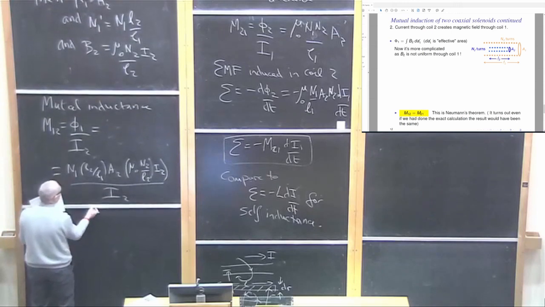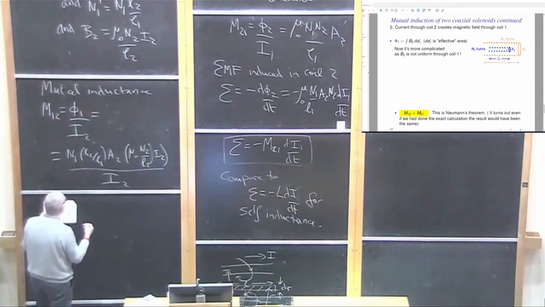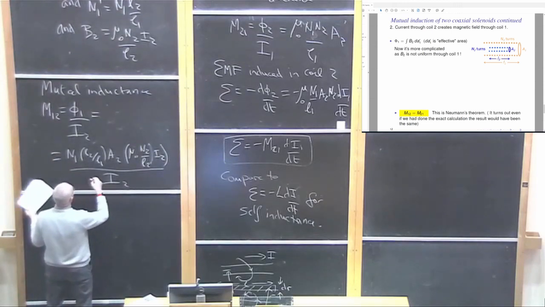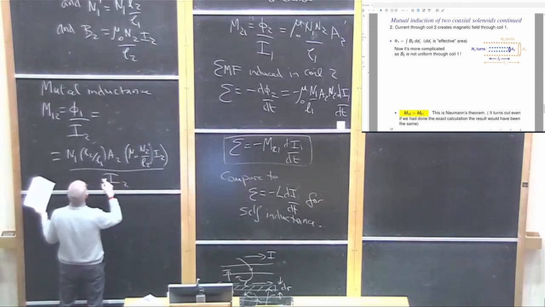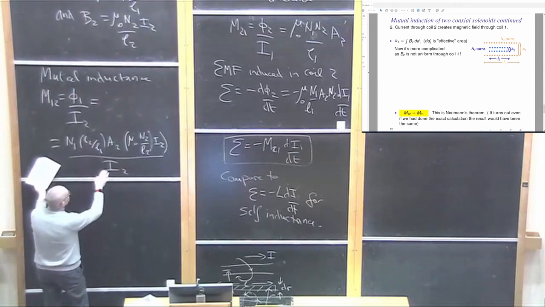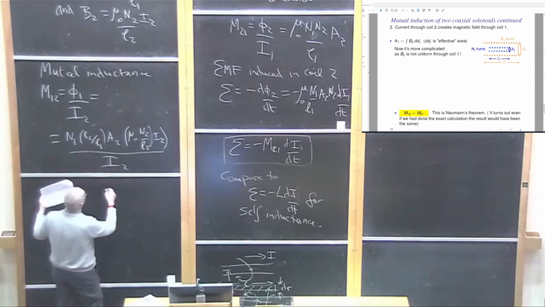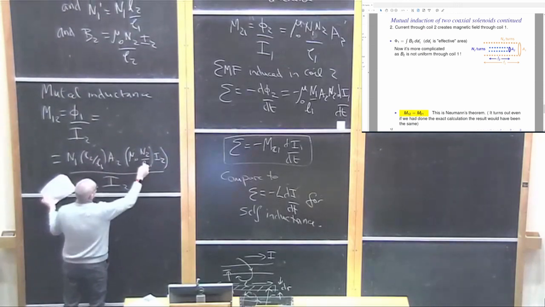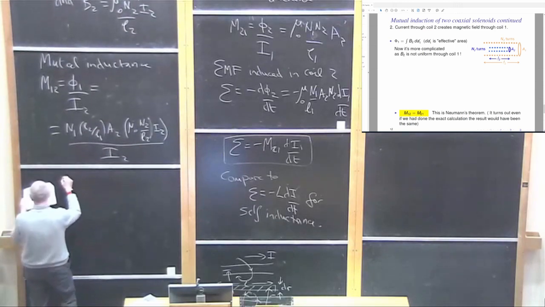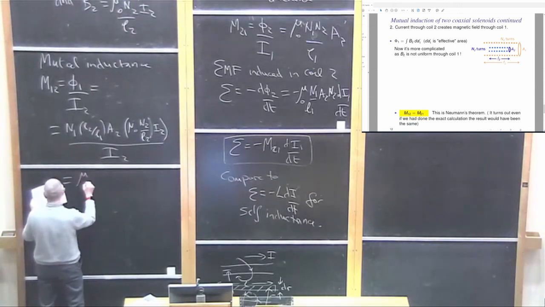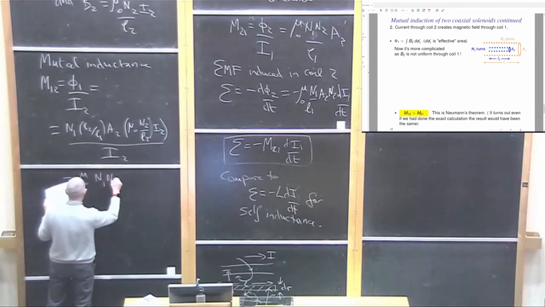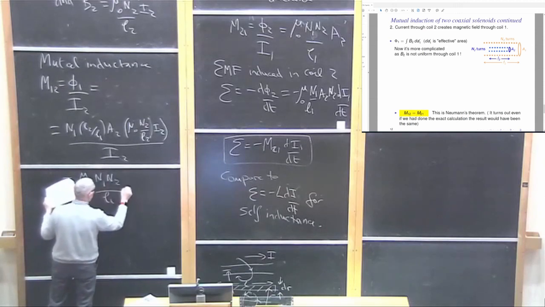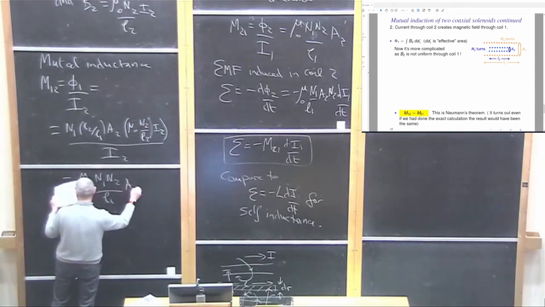So the I2s obviously cancel, the L2s cancel, and this just becomes mu naught N1 N2 over L1 A2.